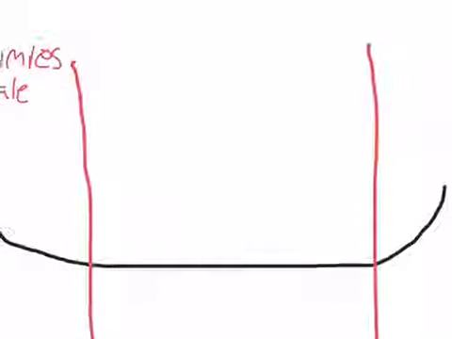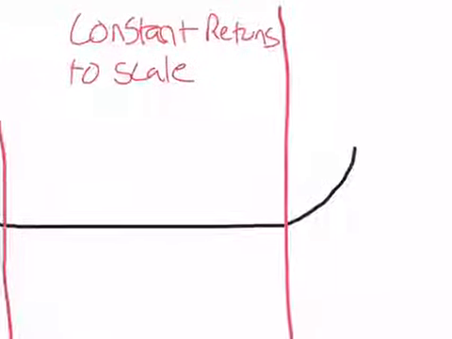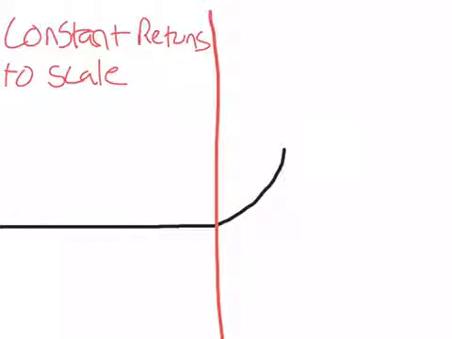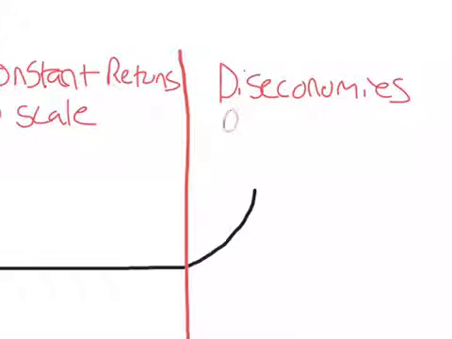Then in the middle is called constant returns to scale. And then at the end, this last section right here is called diseconomies of scale, where the price starts raising up again.